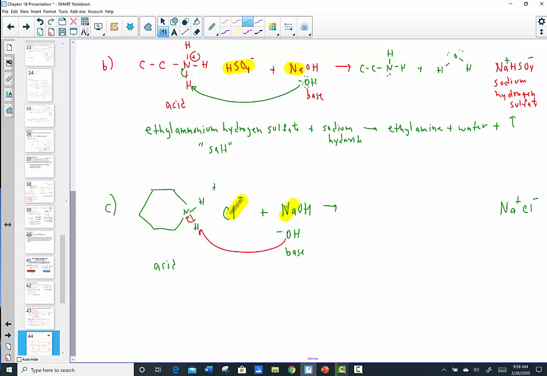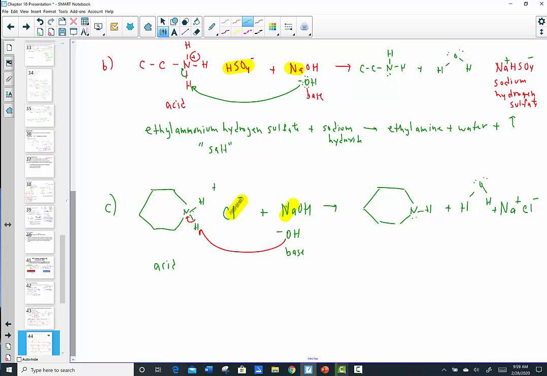That's your mechanism. So on the product side, you still have your 6-membered ring. And now instead of leading to 2 hydrogens, it leads to just 1 hydrogen and a set of dots. And the conjugate acid of hydroxide formed, which would be water, and the sodium chloride salt. And there's your acid-base reaction.